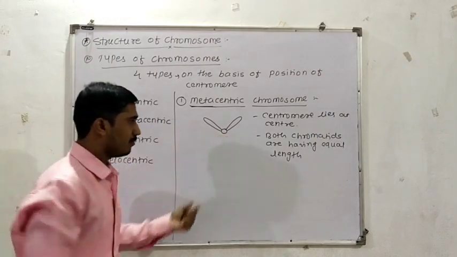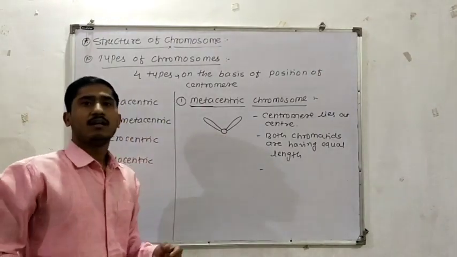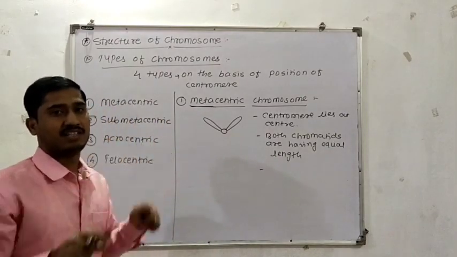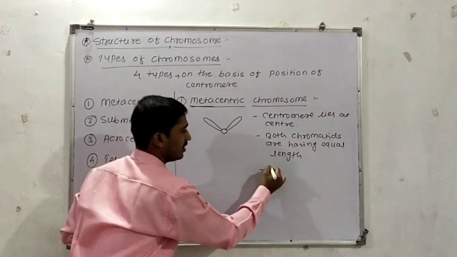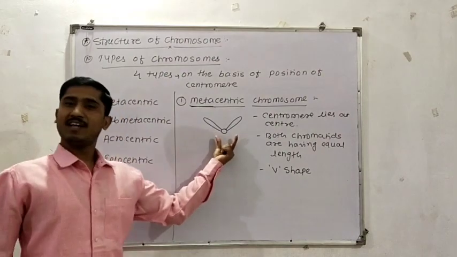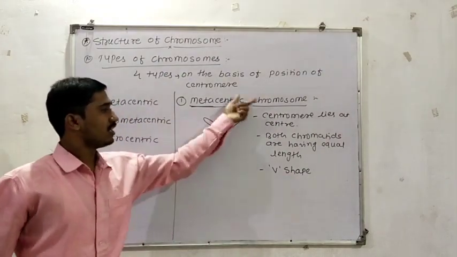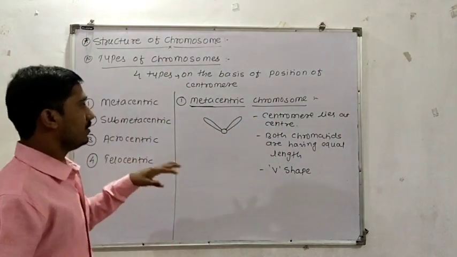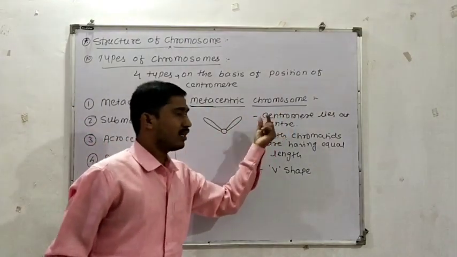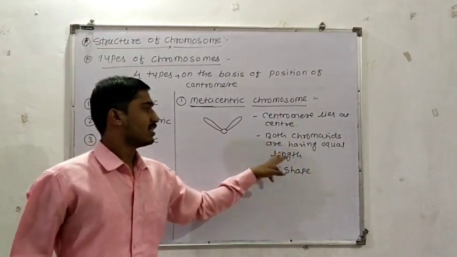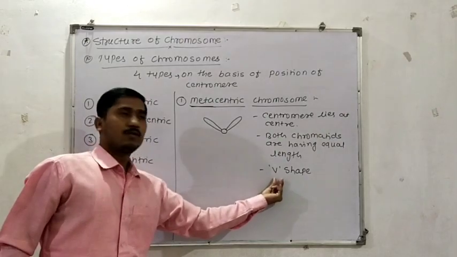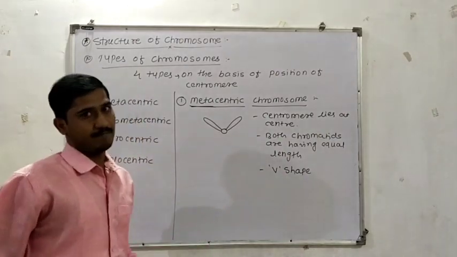In examination, a question may ask which alphabetic shape is denoted by metacentric chromosome. These are the 3 important points we have to keep in mind about metacentric chromosome: centromere lies at center, both the chromatids have equal length, and in alphabetical shape, they look like a V shape.